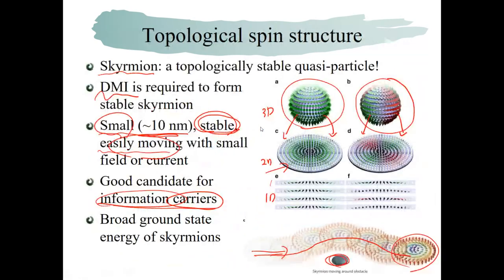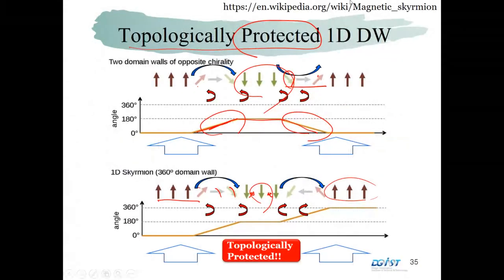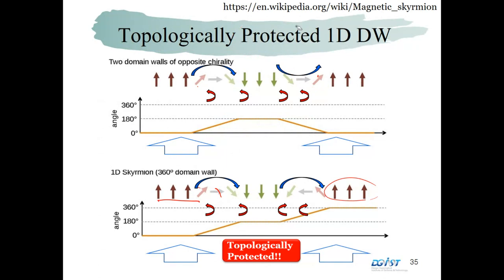So topological protection, here is a good example. In this case, the chirality of these two domains is opposite.